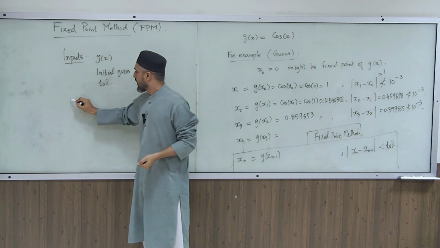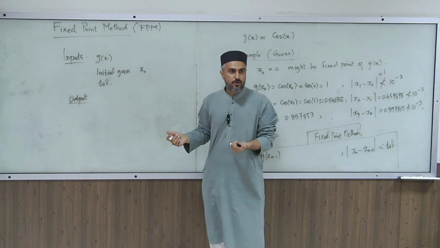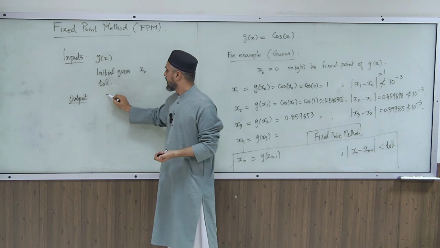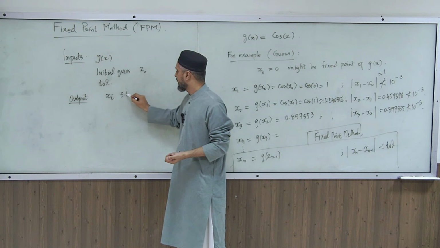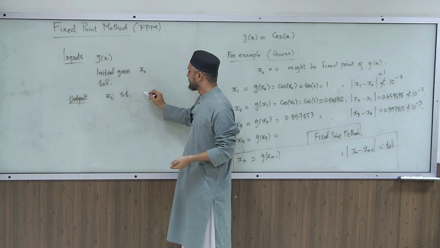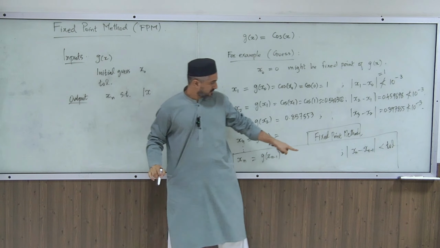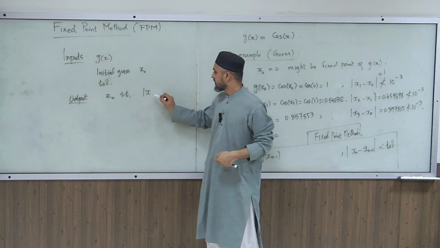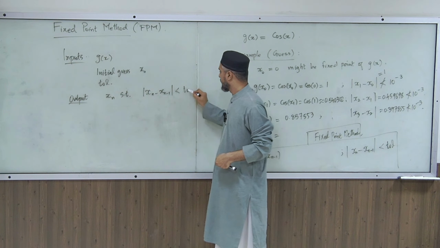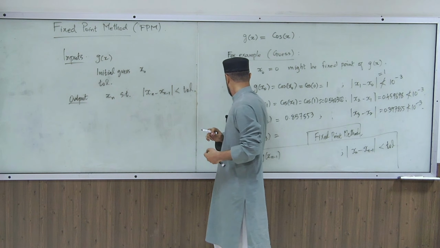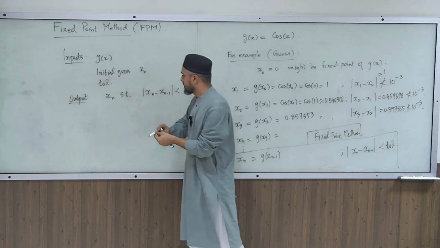What is the output? The output will be xn such that the difference between xn and xn minus 1 will be less than the tolerance.